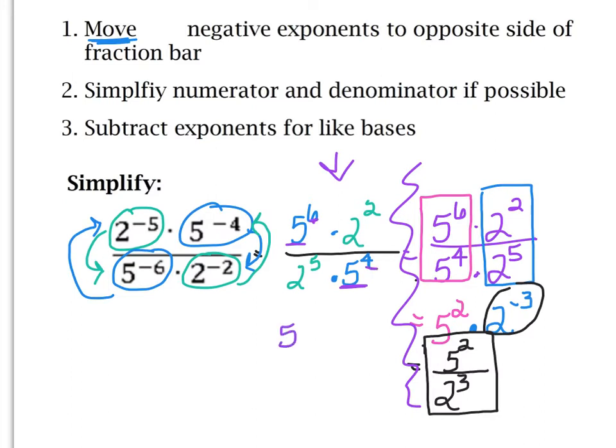So 6 minus 4 is 2, 5 to the 2nd power. Then I'm going to do my bases of 2's. 2 minus 5 is negative 3. So you can do it like that. However, if it helps you to arrange it like on the right, so my bases are lined up, my common bases, that's fine. Either way, whatever way you understand and you see better, you do that.